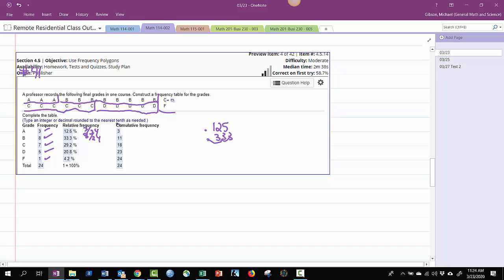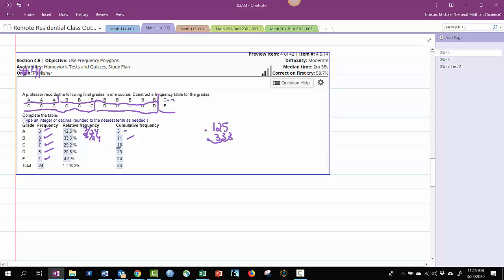Now the last column, you got to remember, is the cumulative frequency. So what it is the frequency for that row plus all the ones before it. Well, in the first row, there's nothing before it, so the cumulative frequency matches the frequency. Second row, it's the frequency of that row, 8, plus the ones before it. Well, the ones before it was 3. 8 plus 3 is 11.